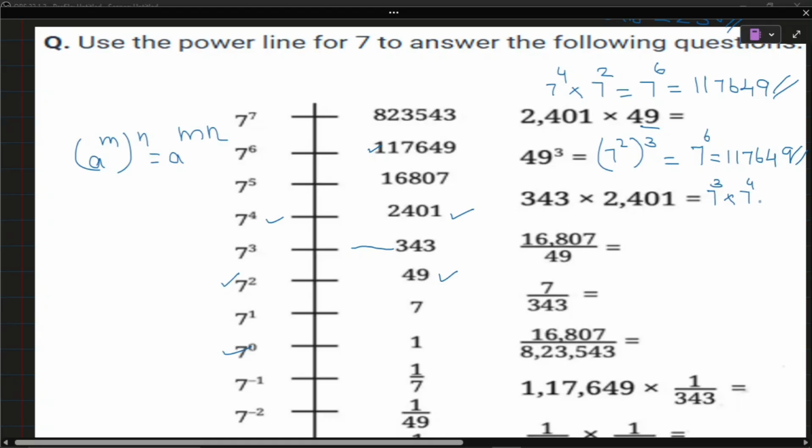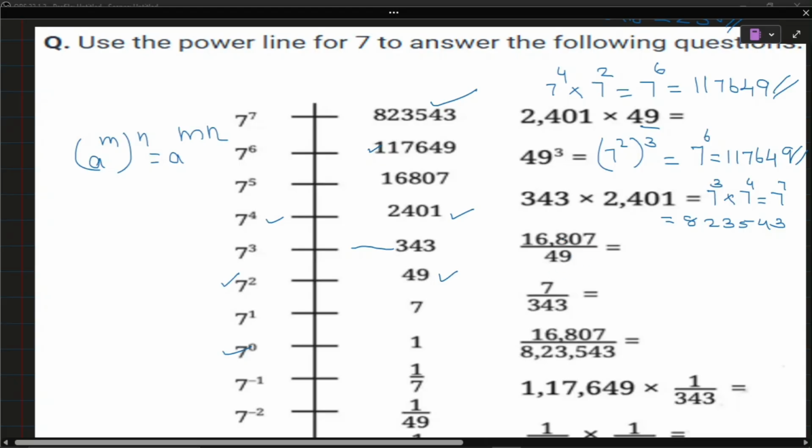And here it is exponential multiplication, so add the powers. For exponential numbers no need to multiply, add the powers. So this becomes 7 raised to 7, and 7 raised to 7 also, from the table you will get the value, that is 823,543. That is the answer.